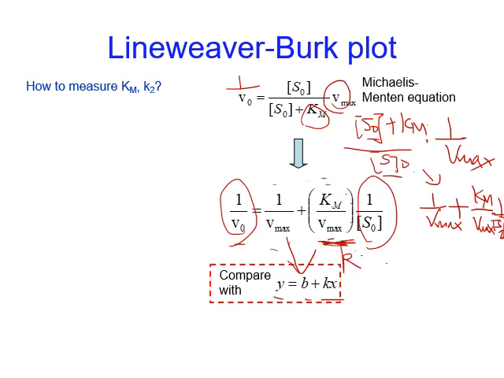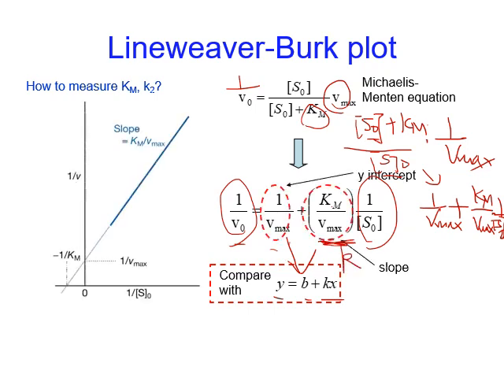Okay, so here is a plot. If we plot 1 over reaction rate against 1 over S0, we should get a straight line. The slope is Km over Vmx. The intercept with y is 1 over Vmx.